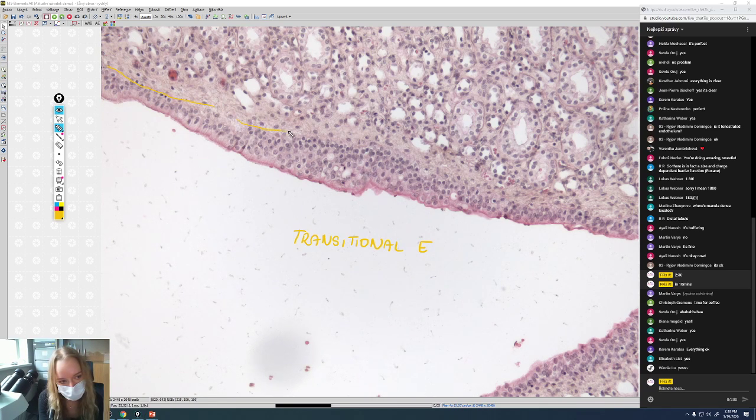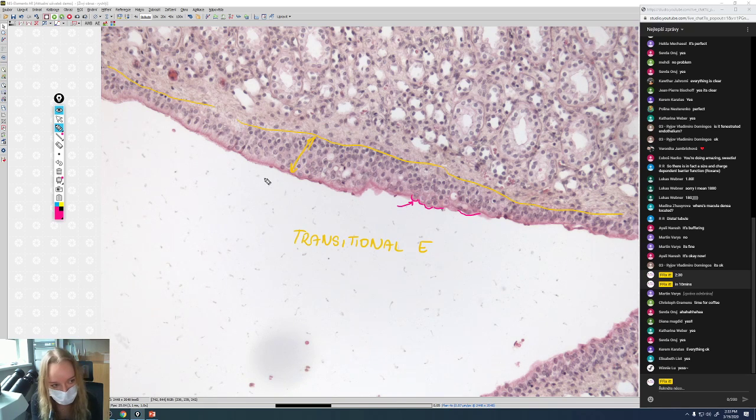This is the basement membrane, and this is the transitional epithelium. And this epithelium is stratified. So it's a normal stratified epithelium with big cells in the last layer here. These cells right there, big cells that are protruding into the lumen in here.